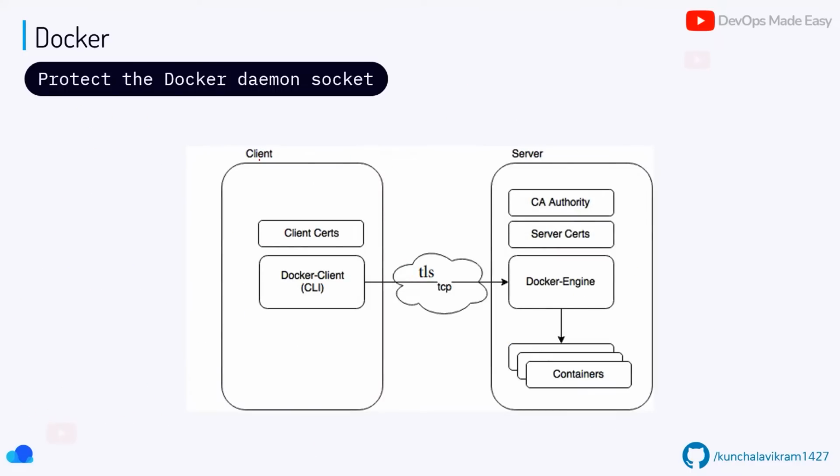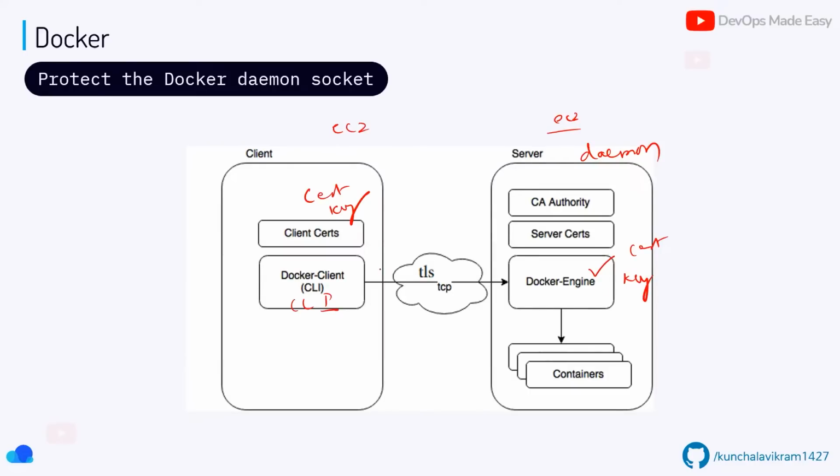We already said we will have two machines, EC2 instances. One is running your daemon, that has your Docker daemon, and one having just your client, that is the Docker CLI. We will put the certificate and key for the client in the client machine, and the certificate and key for the Docker daemon in the daemon machine.